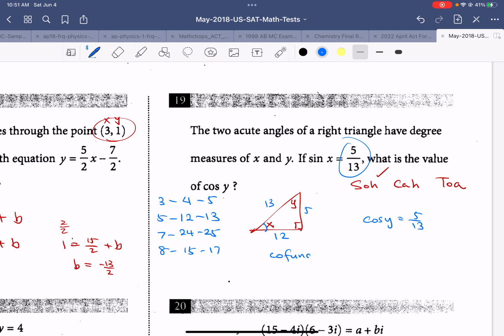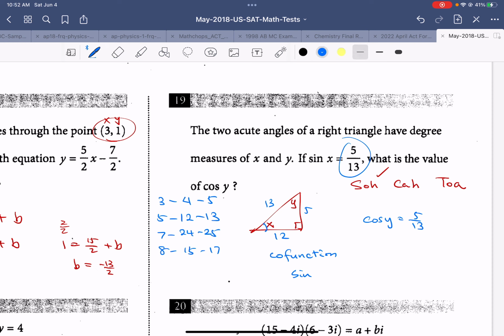So as long as x and y add up to 90 degrees. For example, let's say sine 20 degrees, right? No, I have to use a calculator for that. So I'm just going to use sine x.